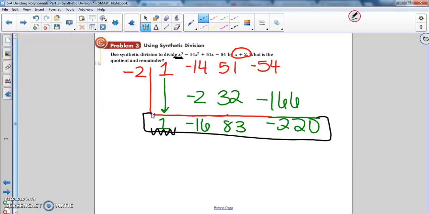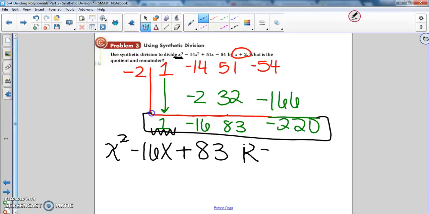So it's going to be 1x squared, or just x squared, then minus 16x plus 83, remainder negative 220. So this would be my quotient and remainder.